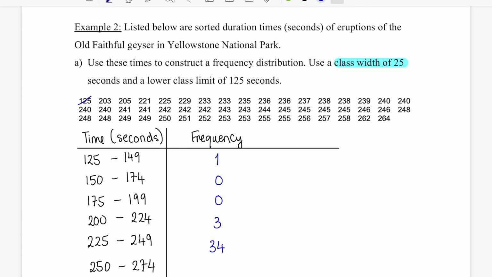And 250 to 274 is 12. If you add all of these up, it should be equal to 50.